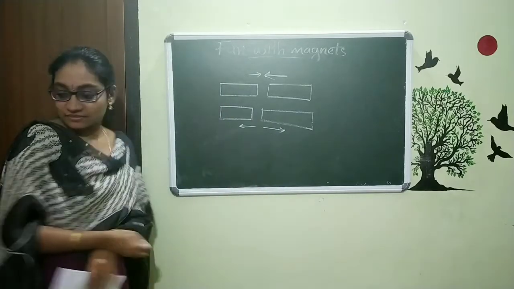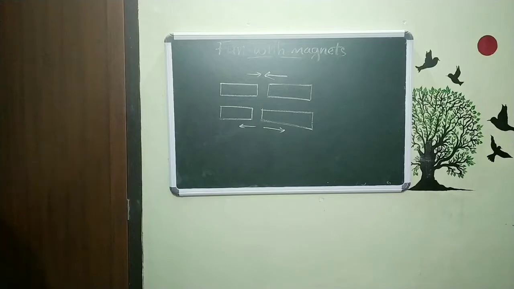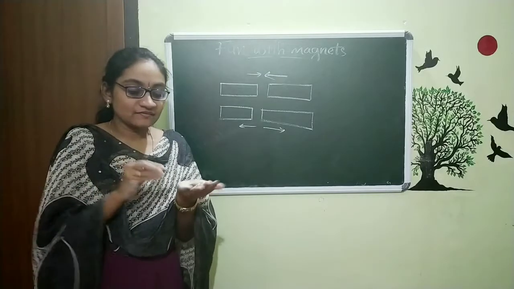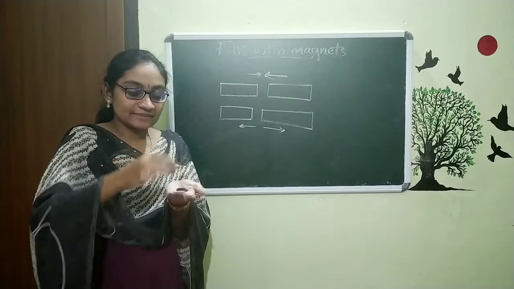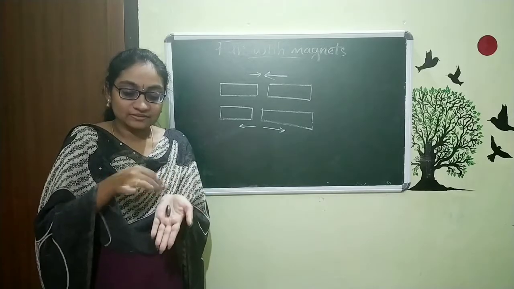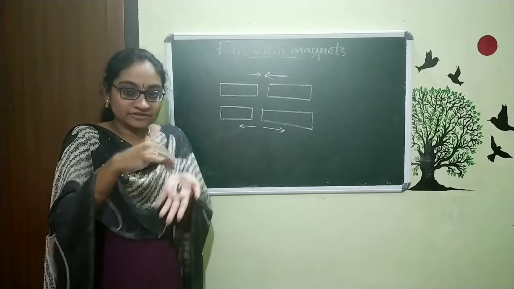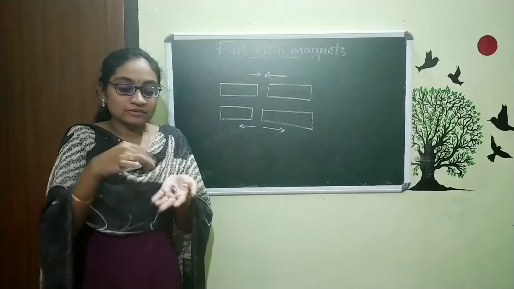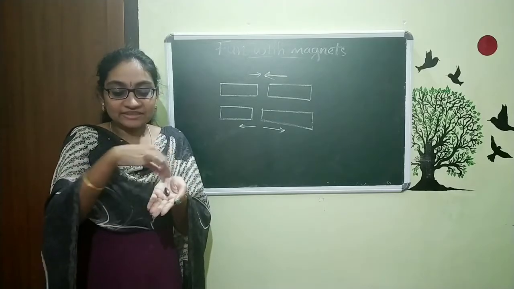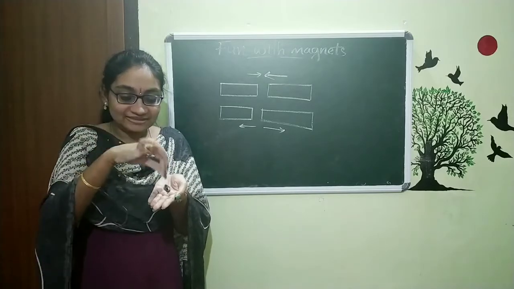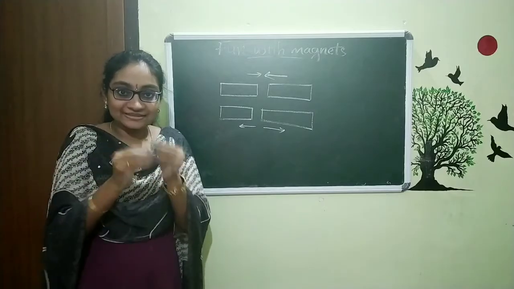What is the reason? Here also I have two magnets. When I am just putting this, the magnet is rolling in my hand. I am not shaking my hand. The thing is this magnet is just jumping on this.